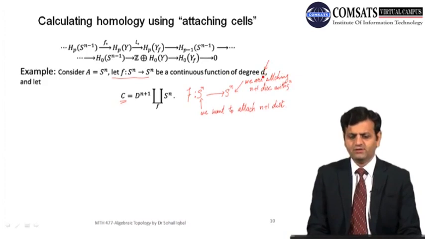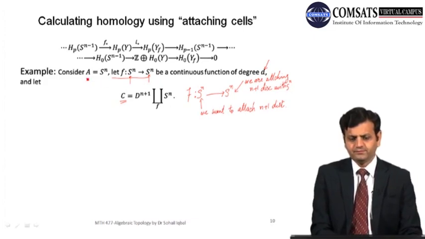So why are we taking this? Because if we consider this special continuous function, then this is going to help us in calculations of some further homological spaces. So this is a continuous function of degree d. In other words, d points of this Sn are going to 1 point of this Sn.